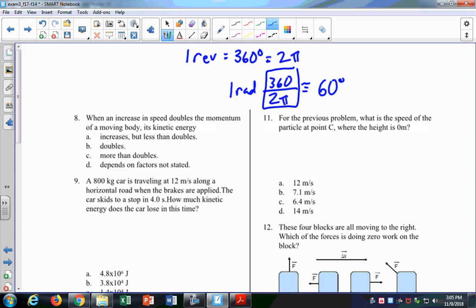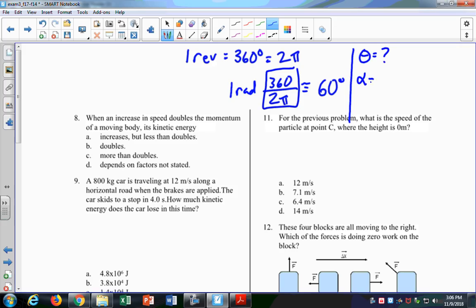The first question says a fan spins at 6 revs per second, and when I turn it off, it slows at a rate of 1 rev per second squared. Okay, so I'm looking for an angular displacement. I'm told that I'm looking for theta, right?